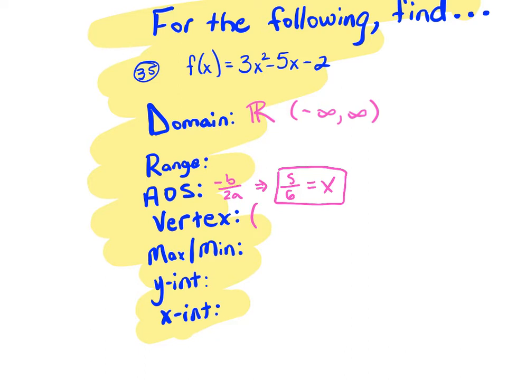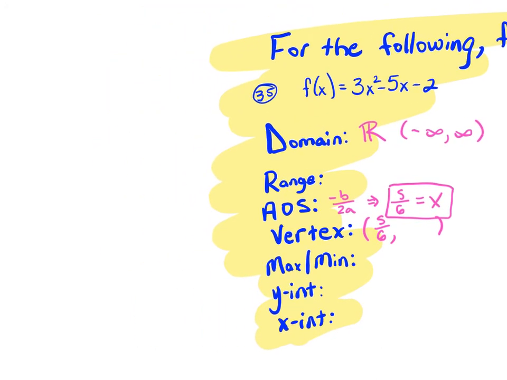Now what's the first number in our vertex going to be, our x value? 5 over 6, the same thing as our axis of symmetry. And how do we find our y value? We plug in 5 over 6 into our equation.